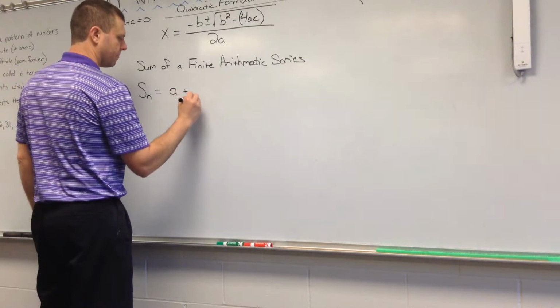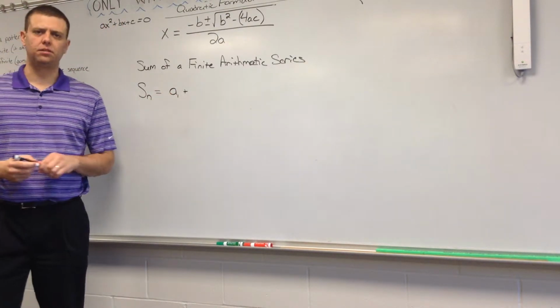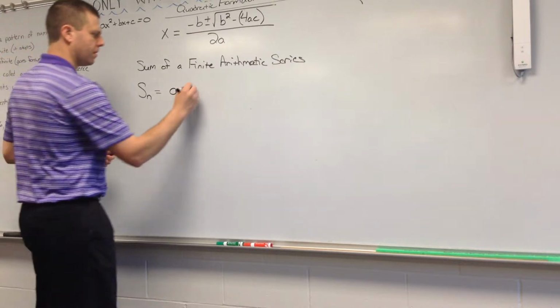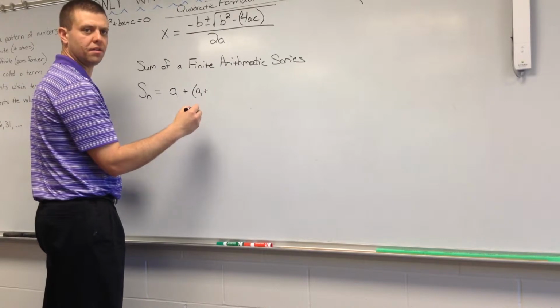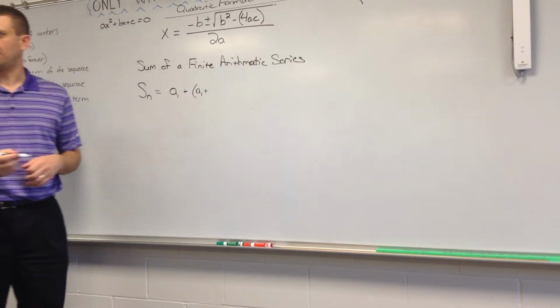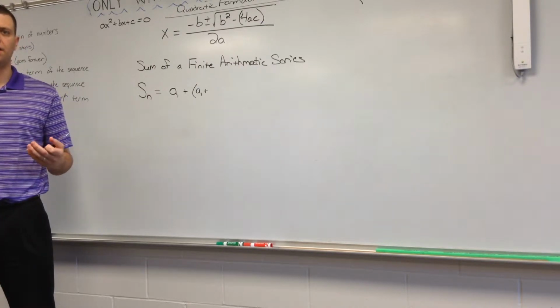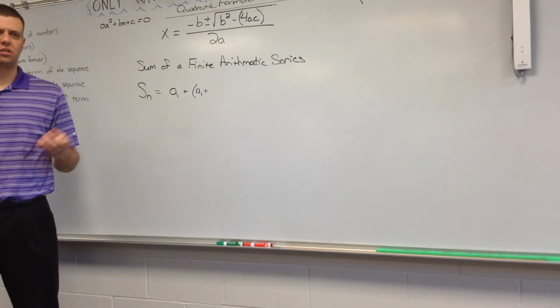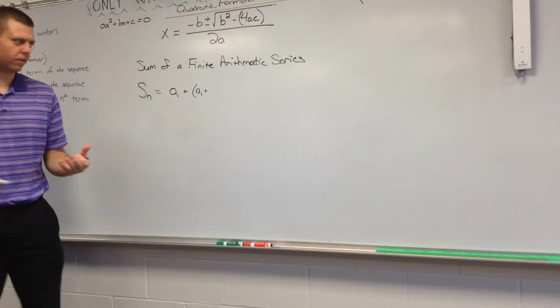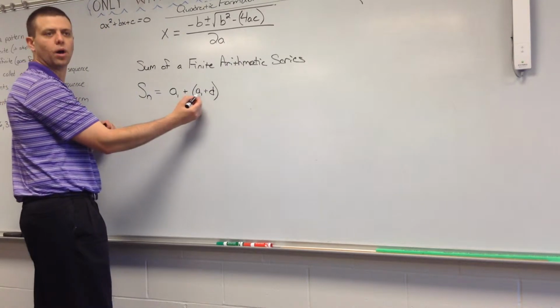What's the next term? A sub 2, but let's write it using A sub 1. A sub 1 plus the... How do you get to the next term in an arithmetic series? You add the what? Well, you add the 10,000, and 10,000 was the difference. You add the difference each time, right? So A sub 1 plus the difference.